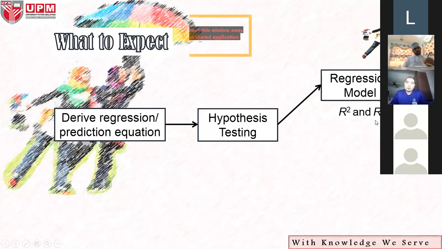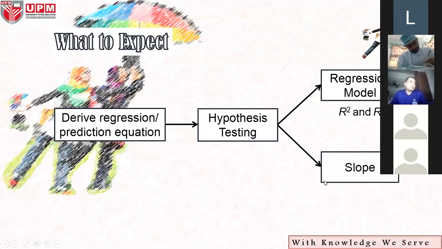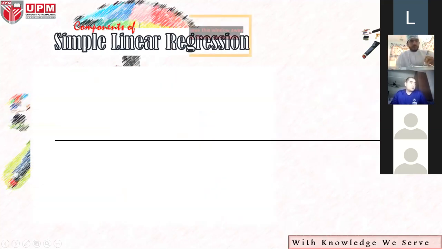In simple linear regression, R here is similar to R in correlation. What R squared means is, how we interpret it, it explains the variance in DV by IV, but the name is the coefficient of determination. Then we come up with the slope. This one is based on the individual.